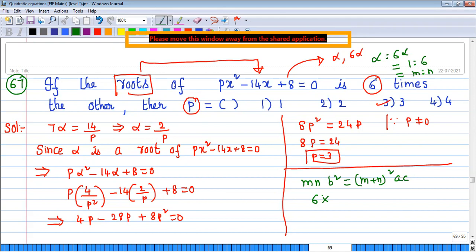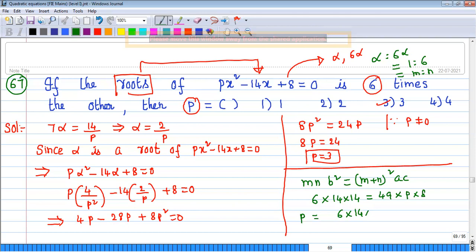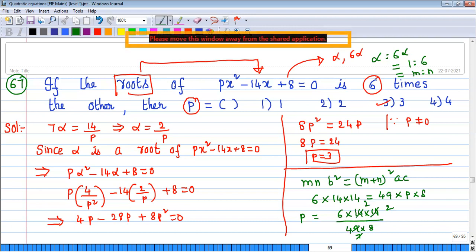Here b square means minus 14 square, 14 into 14. m plus n, 6 plus 1, 7, 49 into a, which is p into 8. We need p. 6 into 14 into 14 upon 49 into 8. Simplify. Next, 24 by 8, obviously 3. In a short manner we can do. This is also a method.